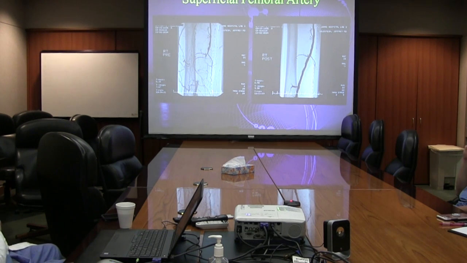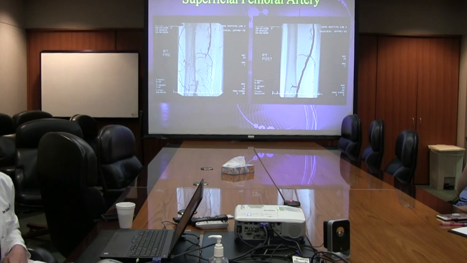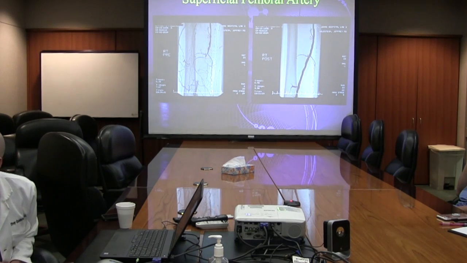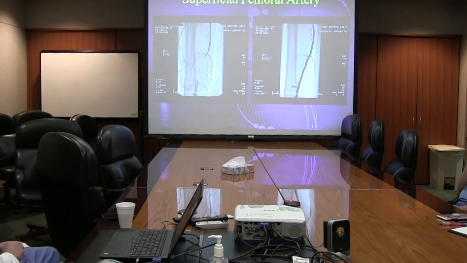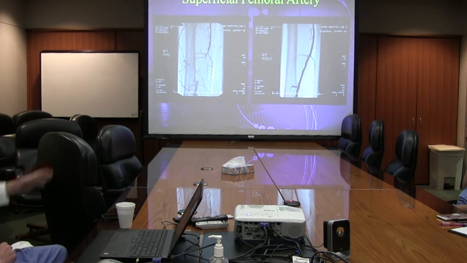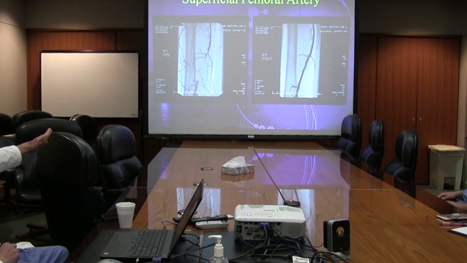Without looking at the big yellow print, what vessel is this? Well, it's along the femur. This is a question, you're getting credit. SFA. Brilliant. What is the artery distal to the blockage? Just below, downstream. As it starts to cross over the femur there, that's popliteal.